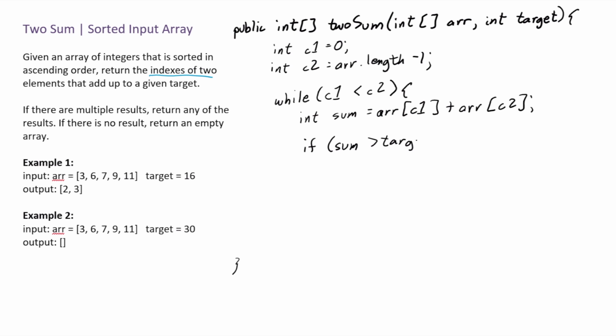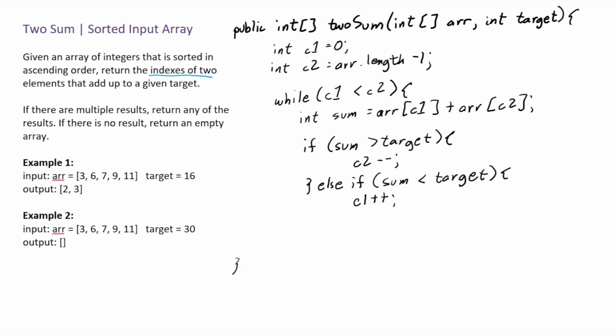if you remember, we have to decrease the position of our C2 because we need a lower value. So C2--. Else if the sum is less than the target, then we have to move our left cursor to the right, C1++.